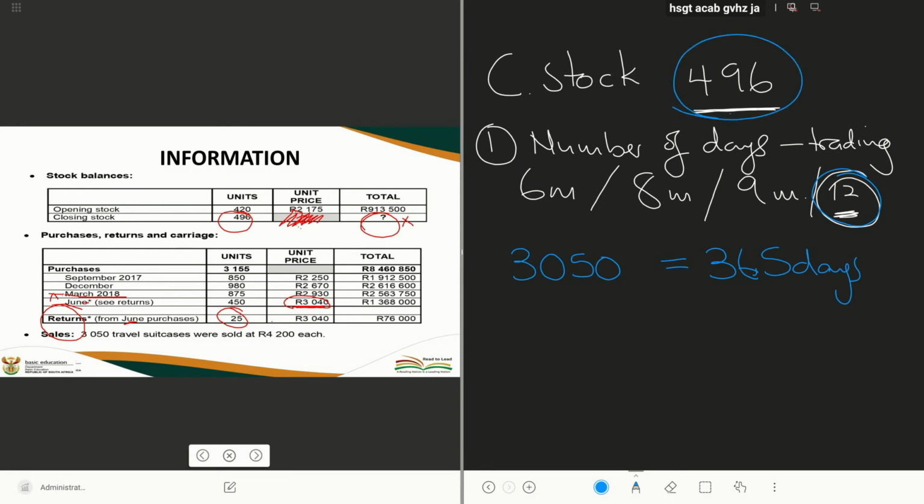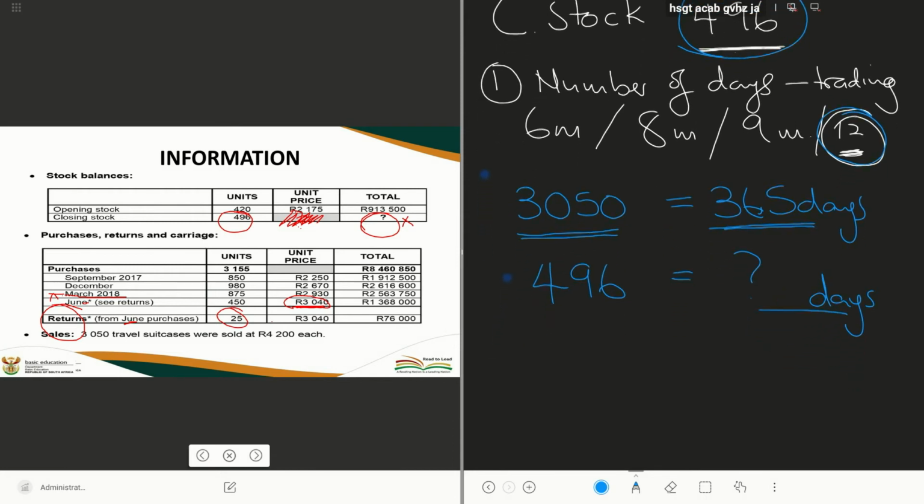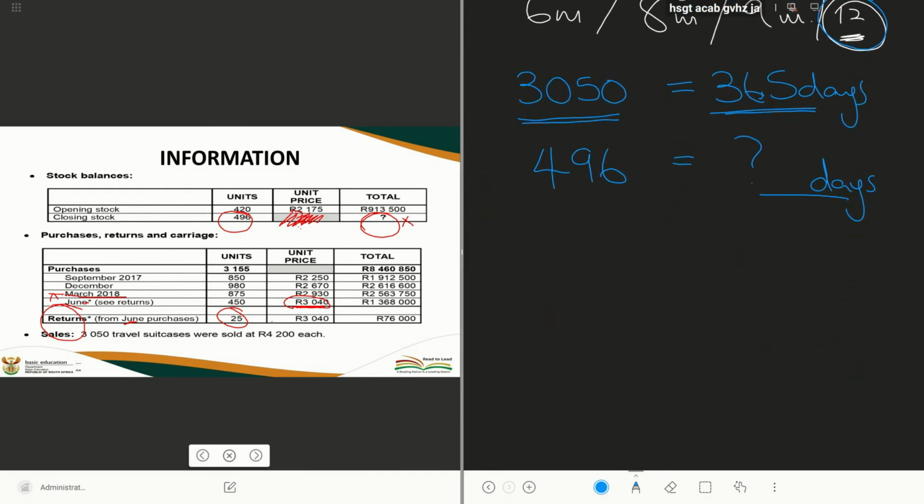So if it took us 365 days to sell 3,050, how long will it take us to sell 496? How long in days? First, I'm going to put my answer in days. How long is it going to take us to sell these units in days? Very simple. What then do you do? Please follow me. You use what we call the Cremora method. Okay?